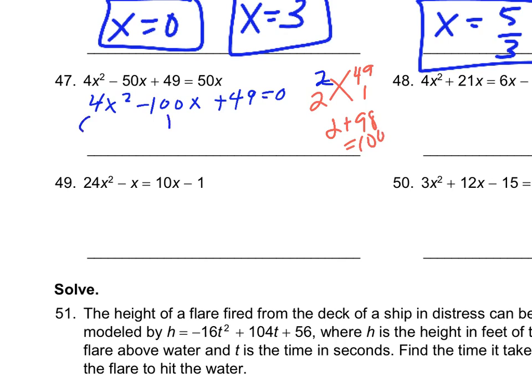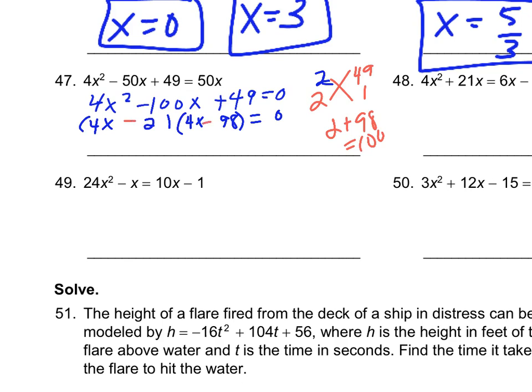Since I have a number in the front, I'm going to keep that number in the front. And I get 2 and 98. Now, since I have minus, plus, my signs are going to be minus, minus, and then I'm going to reduce from there.